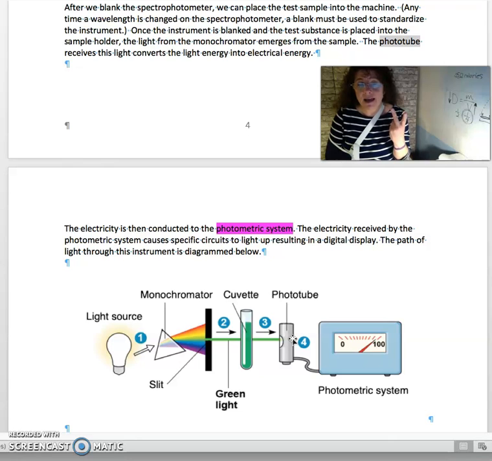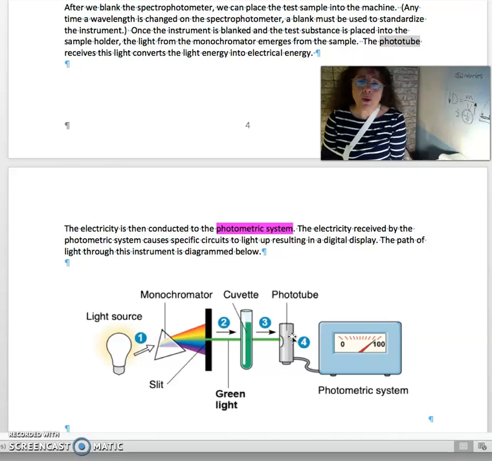It validates and calibrates our device, and it also gives us a standard by which we can look at the carrier mixture plus the compound and subtract out the pattern of the carrier mixture to just leave the pattern of the compound for identification.